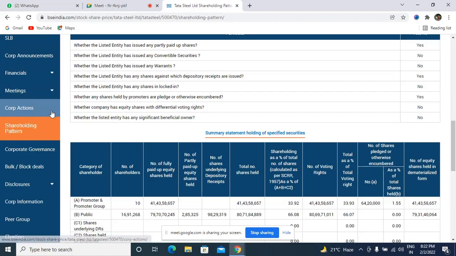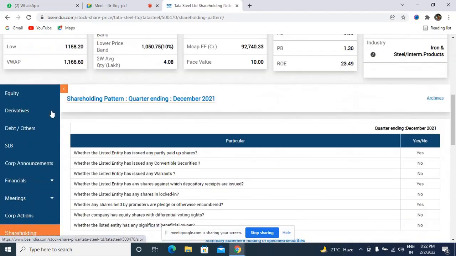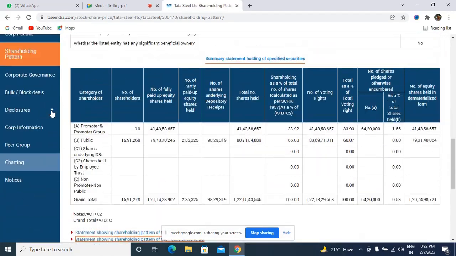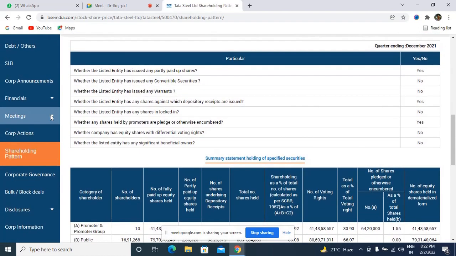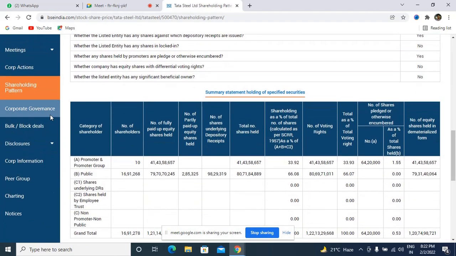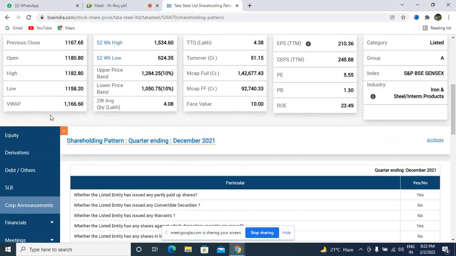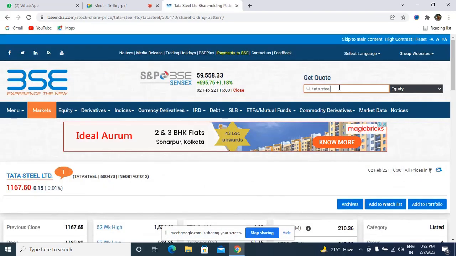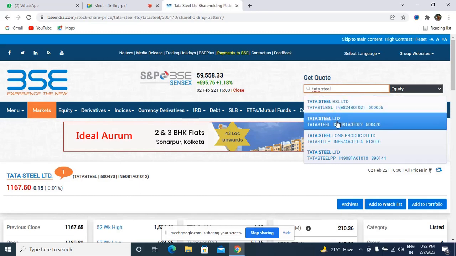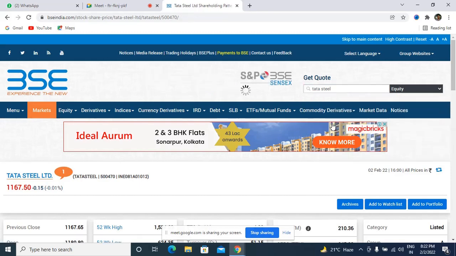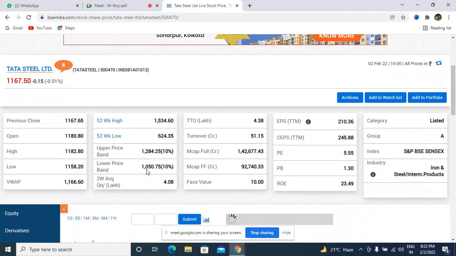Okay. So when you come to this area, you come to Tata Steel Limited.